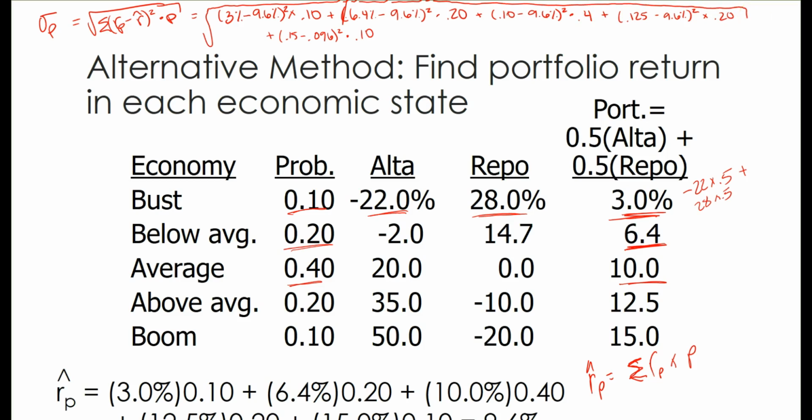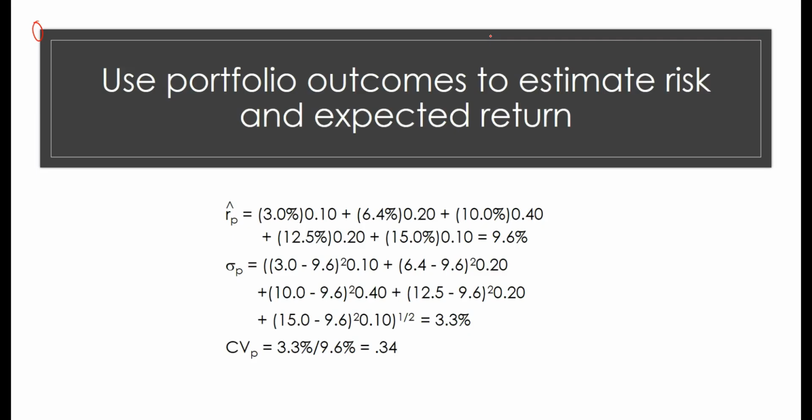And if you do that, you will get a portfolio standard deviation of 3.3%. So here are the calculations again for both the expected return and the portfolio standard deviation.